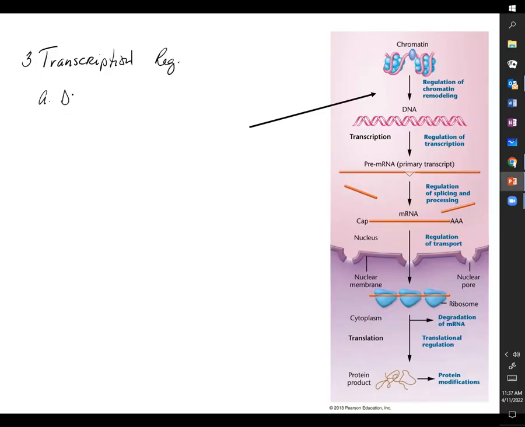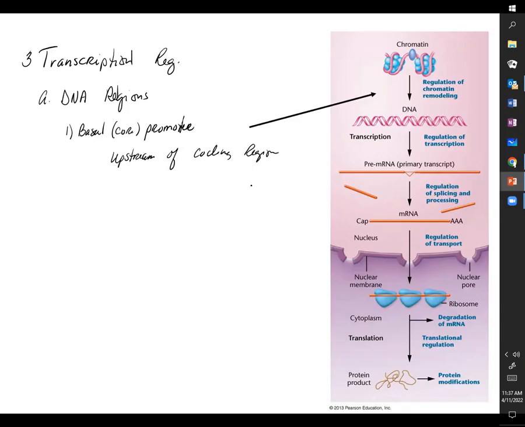So let's talk about the DNA regions involved in transcription regulation. The regions in the DNA that play a role here: we have the basal promoter, or the core promoter, which we talked about before. It's required for transcription, but it's not part of the regulatory process. Remember, it's directly upstream of the coding region.